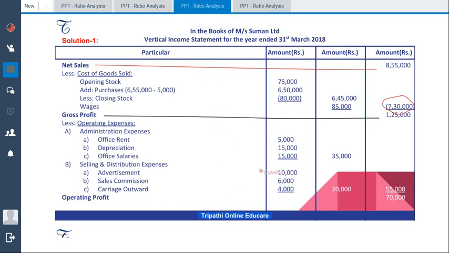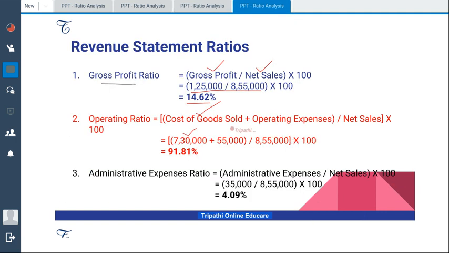So our operating expense means total of these two, administrative and selling and distribution, is 55,000. So 7,30,000 plus 55,000 upon 8,55,000 into 100. So the values we will put in the formula: 7,30,000 plus 55,000 upon 8,55,000 into 100 will give you 91.81%. So this is our operating ratio of this company.